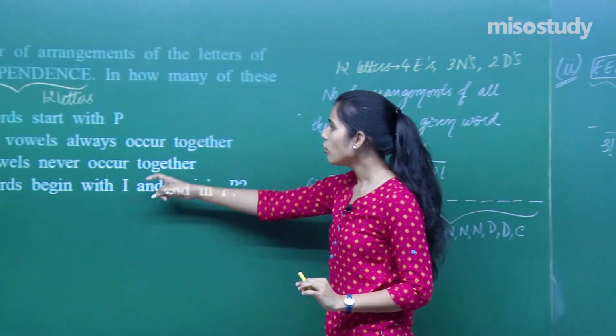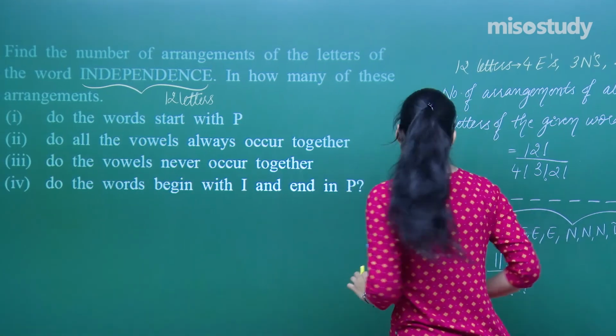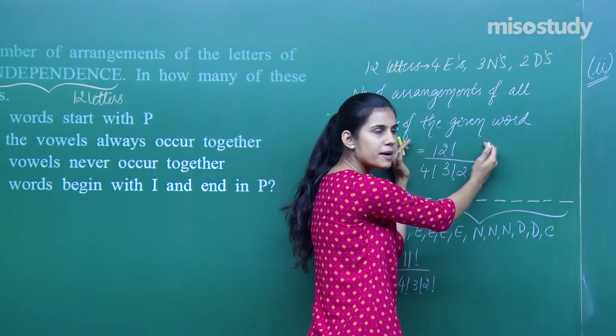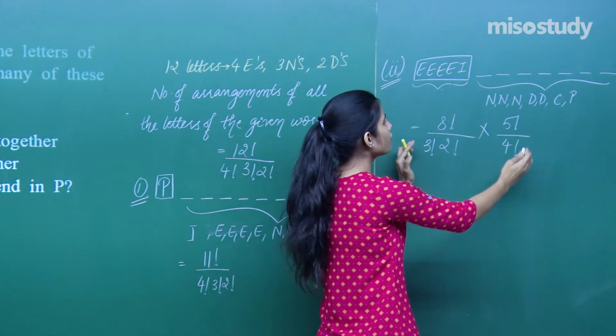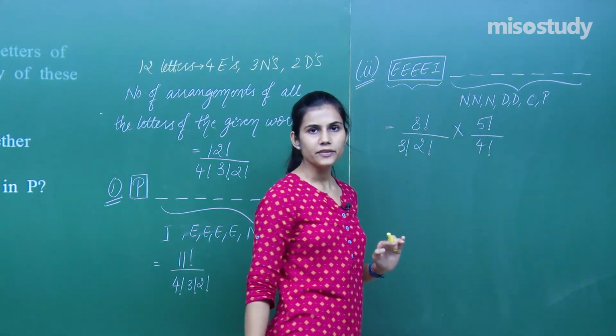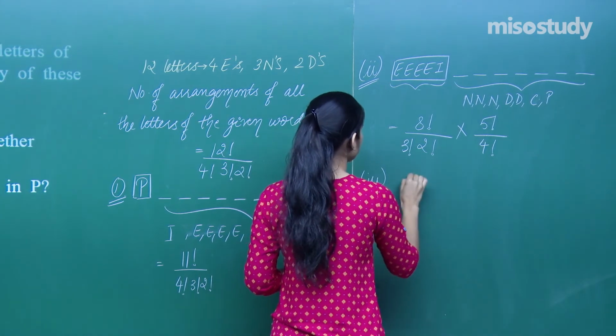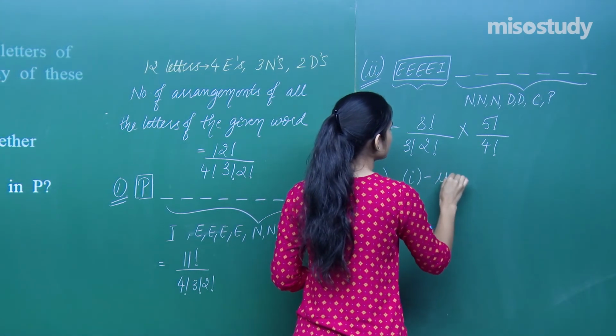Third, we have, do the vowels never occur together? These are the total number of ways in which you can arrange the 12 letters of the word independence, and these are the number of ways in which all the vowels occur together. So obviously, third would be 1 minus 2.